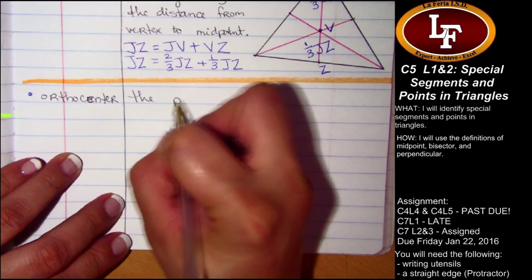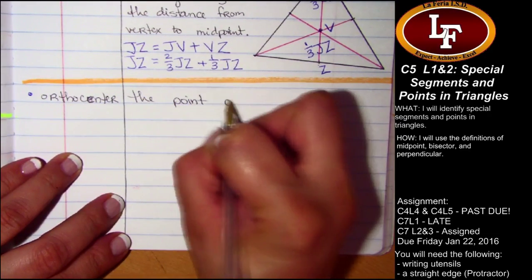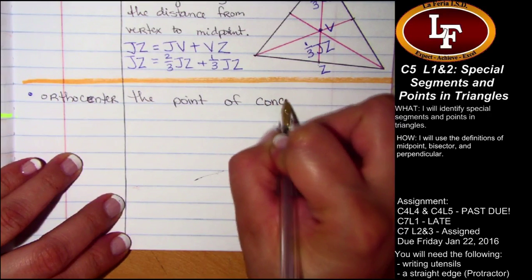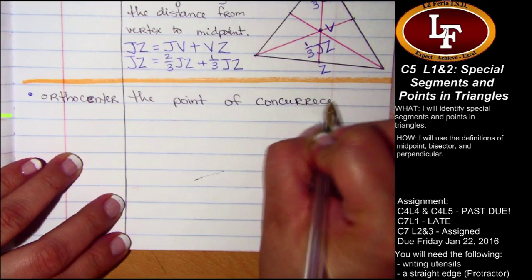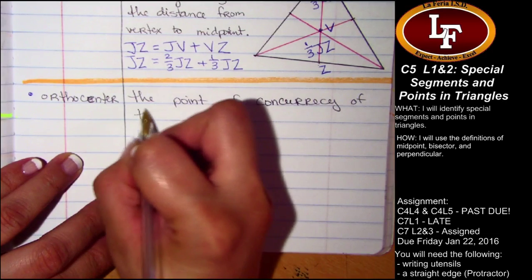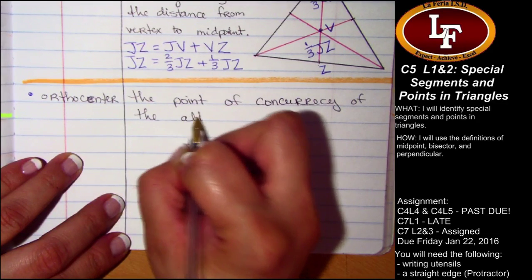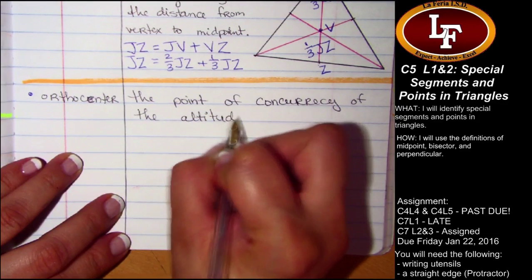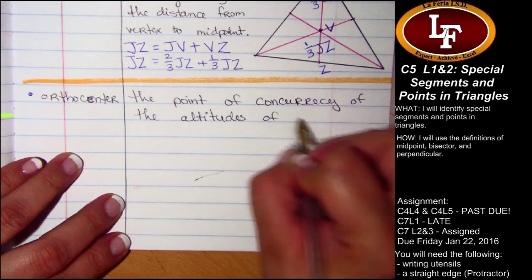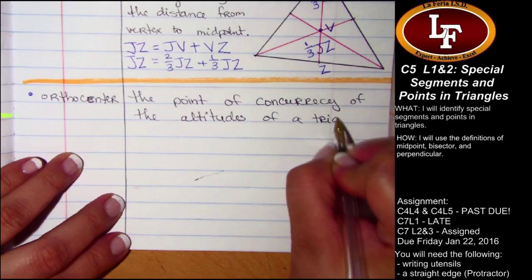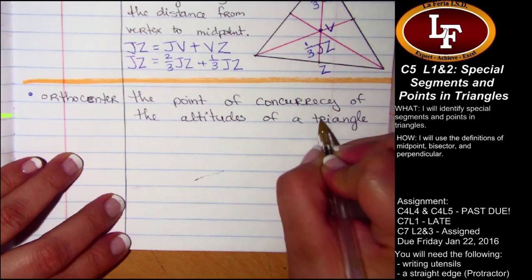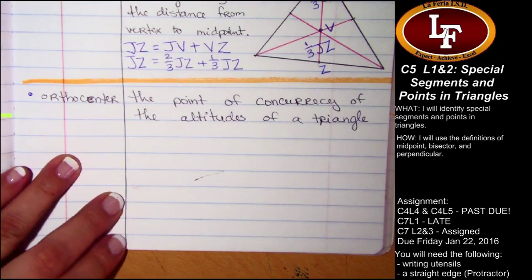The orthocenter is the point of concurrency of the altitudes of the triangle. Not the attitudes of a triangle. The altitudes of a triangle.